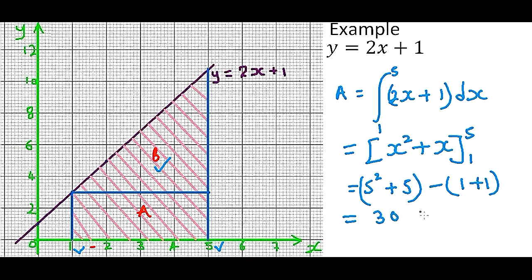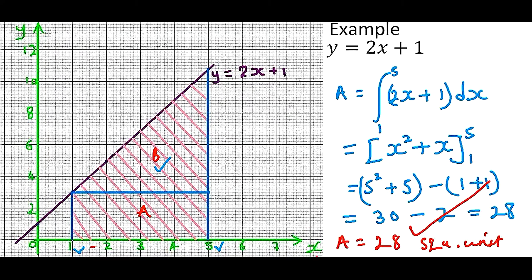So this is 30 minus 1 plus 1 is 2. So we get 28. This implies area is equals to 28 square units. And remember, we had in our first method, we got the same area.